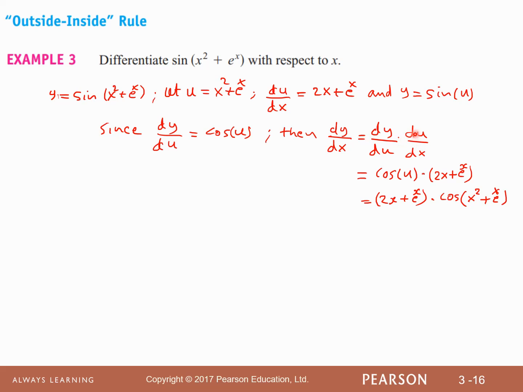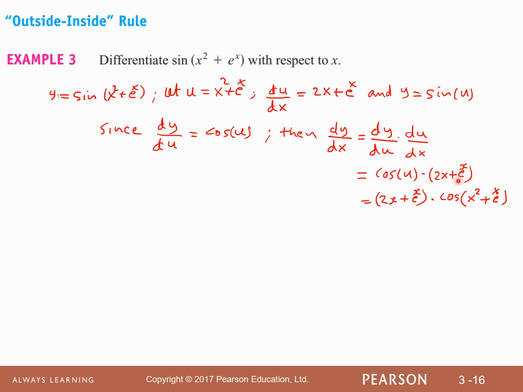Du by dx is differentiation of what is inside. And the inside is x squared plus e to the x, which we call the u. So we can see that du by dx is equal to 2x plus e to the x. So we just replace du by dx by 2x plus e to the x.